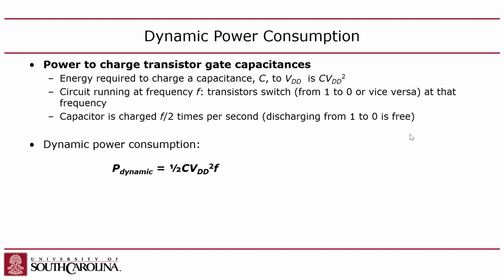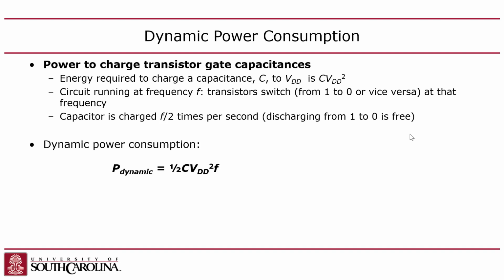Except it only costs you when you charge up the capacitors, not when you discharge them. So that's why they put a 1/2 in front of that. So the dynamic power consumption is 1/2 the capacitance times VDD squared times F.